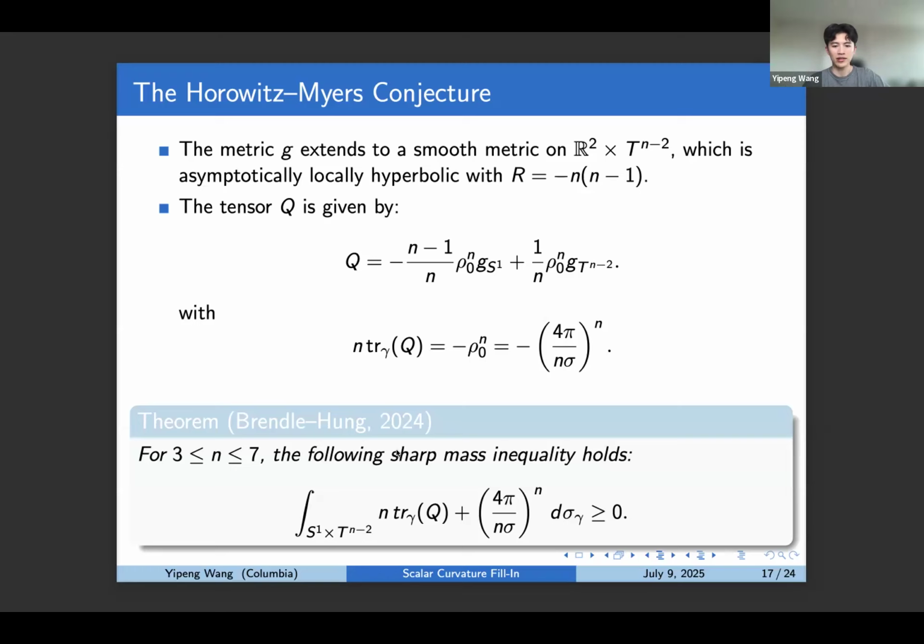So in particular, every asymptotically locally hyperbolic manifold has mass at least the mass of this Horowitz-Myers metric. They proved this result in dimensions 3 to 7, and they also proved the corresponding rigidity very recently. Okay, so this is saying that the mass could be negative, but you still have this sharp lower bound on the mass that depends just on the boundary.